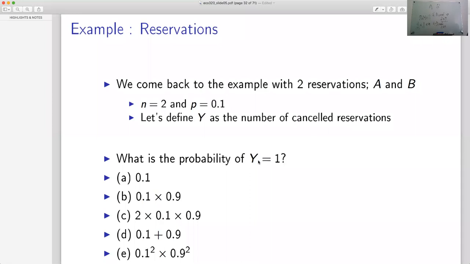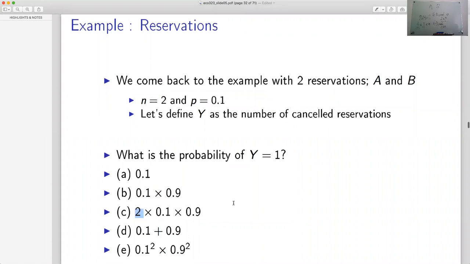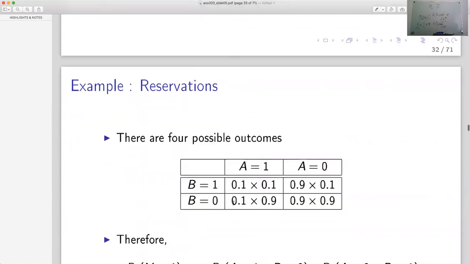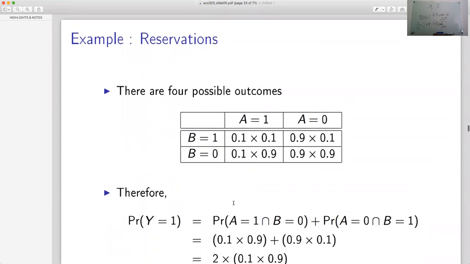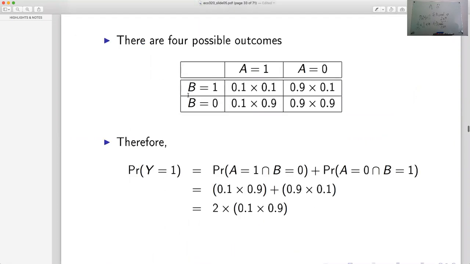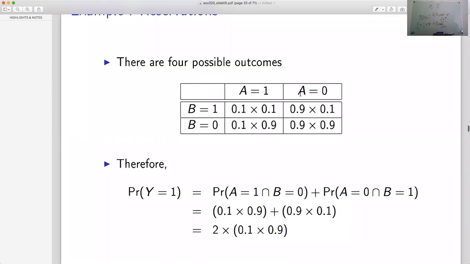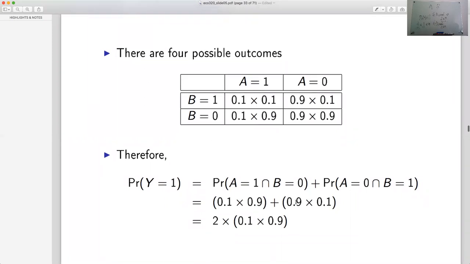Previously, I specified to you that the first 4 reservations should be canceled. In that case, we didn't have to multiply by the number of possible outcomes, but now we need to do that. So there are 4 possible outcomes: A can be 1 and A can be 0, B can be 1 and B can be 0.